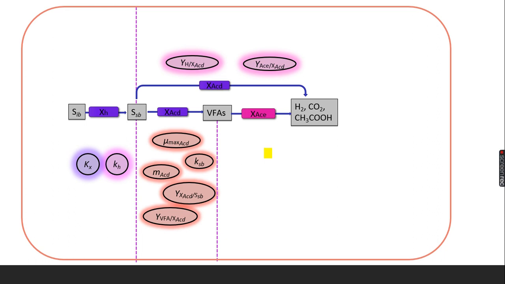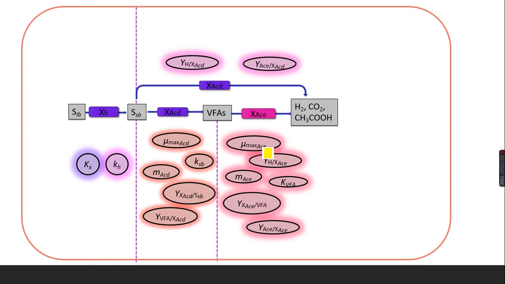Now for acetogenic bacteria, the same sets of equations will come over here, because it is the same stage: mu max of the bacteria, how much hydrogen is produced, yield coefficient, VFA, KVFA, because VFA is the substrate. So when you are modeling the growth, mu max into VFA divided by KVFA plus VFA.